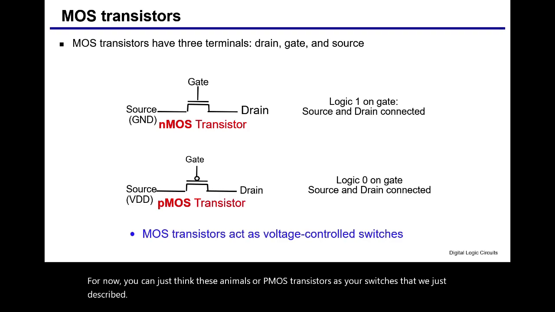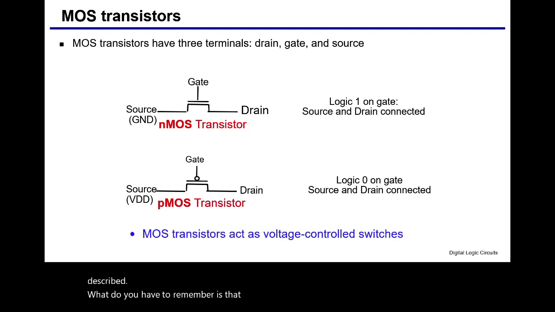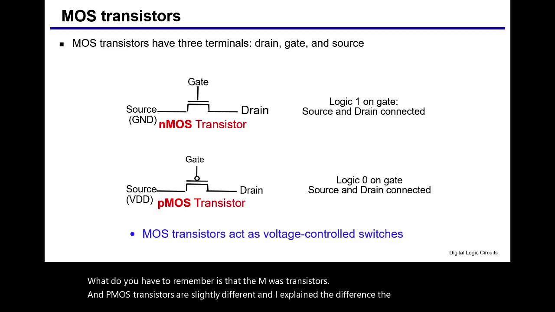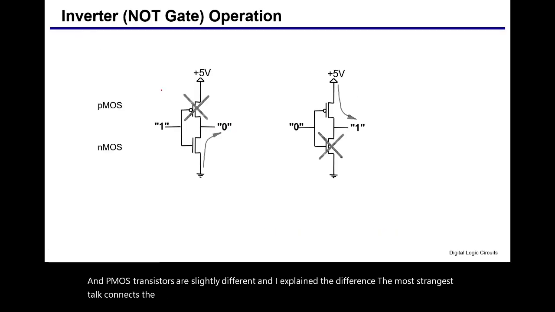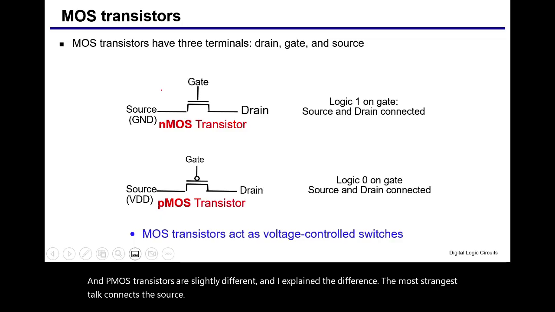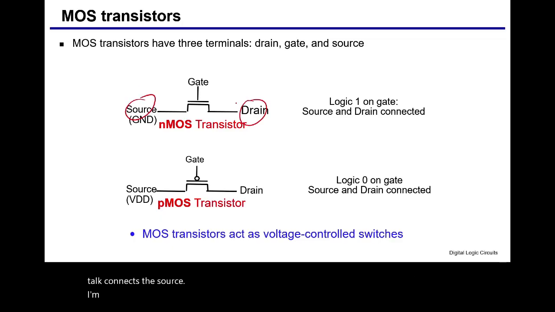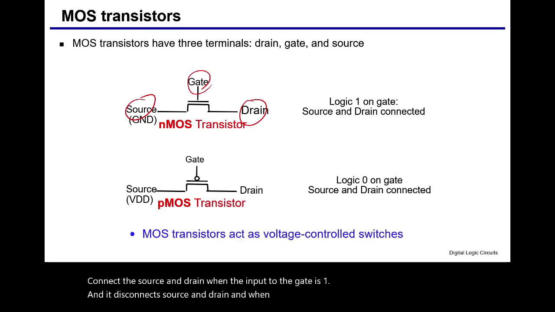One thing you have to remember is that the NMOS transistors and PMOS transistors are slightly different, and I'll explain the difference. The NMOS transistor connects the source and drain when the input to the gate is 1. And it disconnects source and drain when the input to the gate is 0.